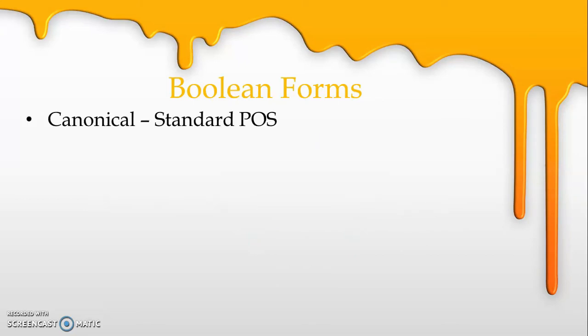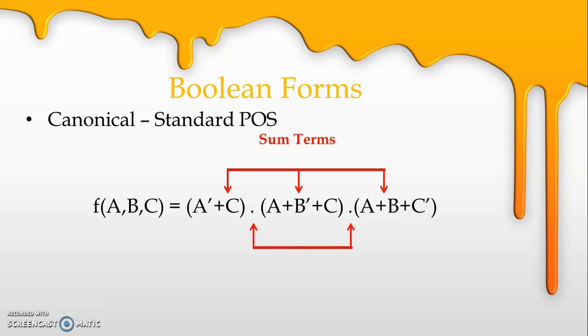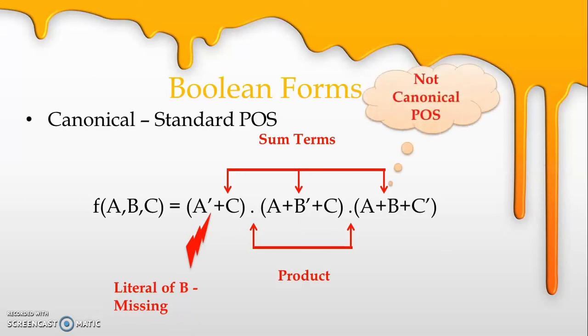Now again, canonical or standard product of sum. We write the same Boolean function with different sum terms as well as the product. To have a canonical form, we require literals of all the variables in all the sum terms. In the first term, the literal of B is missing, so it cannot be a canonical POS form.